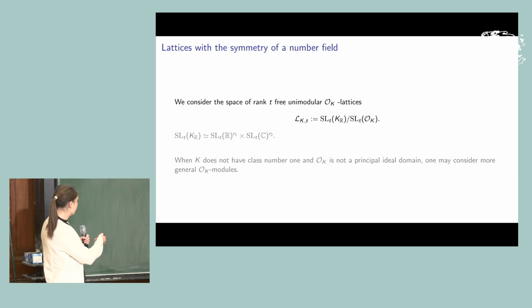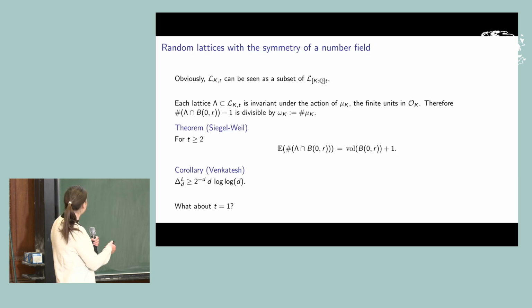And there are actually even more things we can do. So our field might have class number bigger than 1, and in that case, we can consider not only the O_K, but also other integral ideals and build lattices from them.